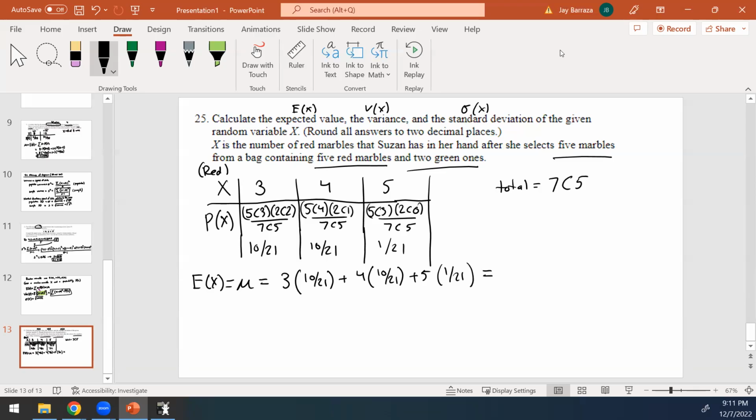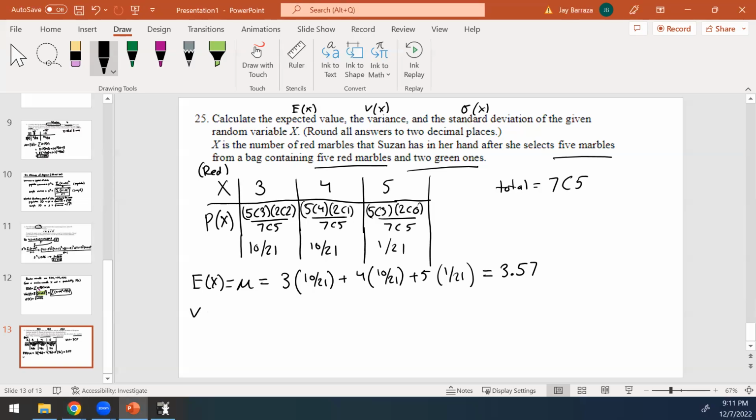And that is going to be equal to 3.57. Okay, like that. Are there any questions on that? And I'm actually going to verify this just to make sure. 4 times 10 divided by 21 plus 5 divided by 21. Yeah, 3.57. Yep. Okay. So we got the first answer, E of x, which is mu.